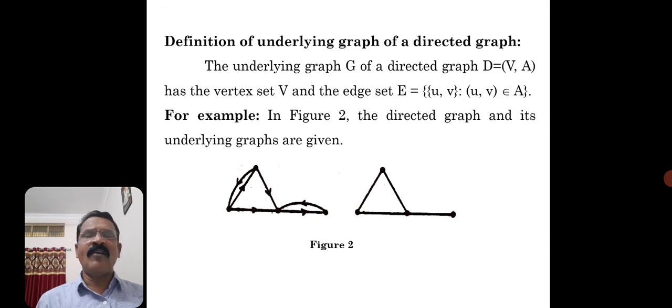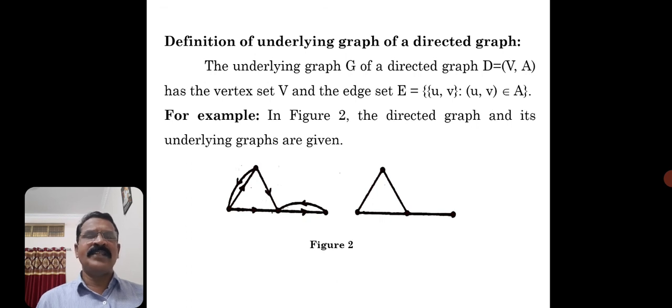It is the set of pairs of vertices u, v such that uv is an edge of A.